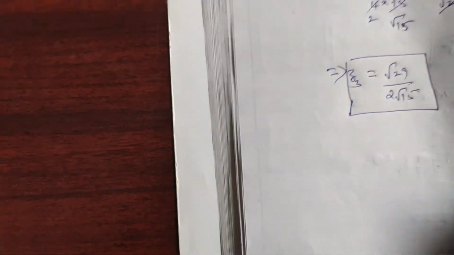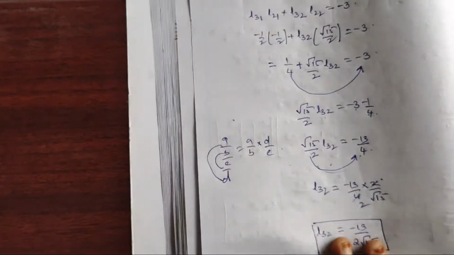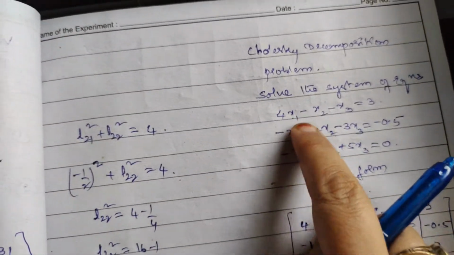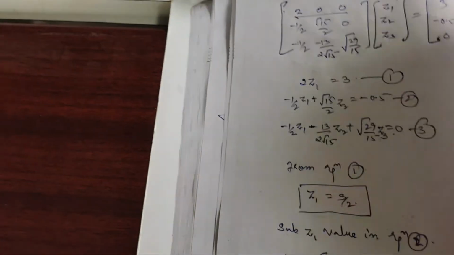Now we will move to the climax of the problem, where we are going to get the unknowns. The unknowns given in the problem are x1, x2, x3. The third step is going to give you the values of your unknowns.